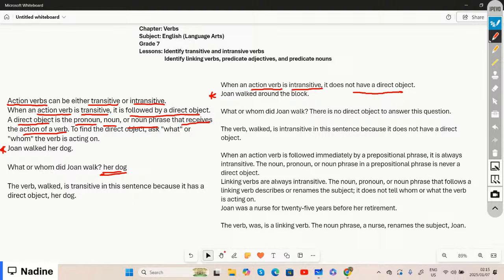So it does not have a direct object. It says Joan walked around the block.